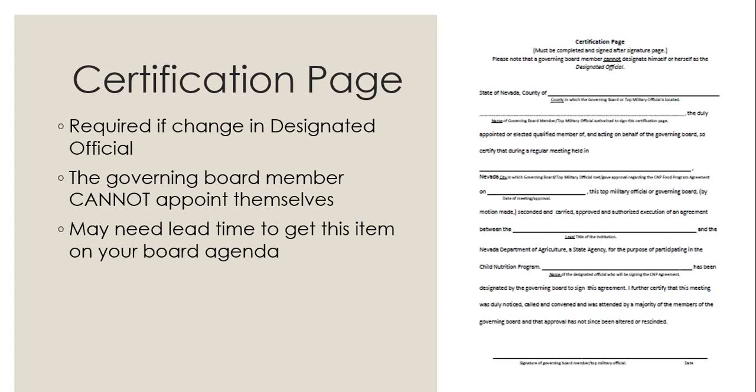So you'll want to just read through and make sure that you're filling out the right name in the right spot, and that the person doing the appointing is not the same person as the designated official. If you need to complete a new one of these, you may need a little lead time to get this on your school board agenda. Some of our smaller sponsors, it may be a little easier for the RCCIs, but if you're a school board, especially our larger school districts, we want to let folks know as soon as possible that you may need to get this on your board agenda pretty quickly to meet the deadline.